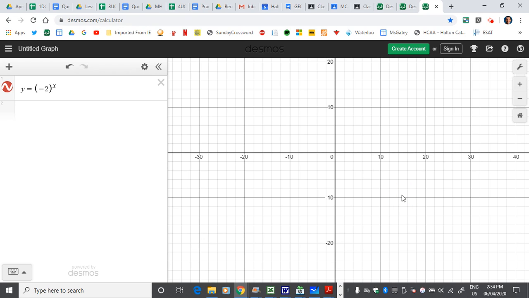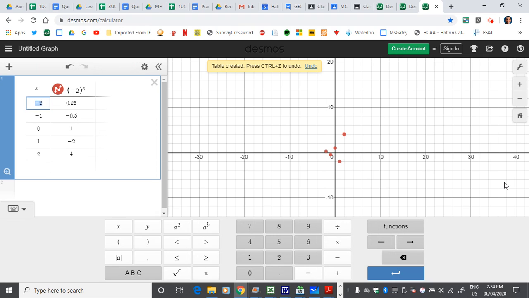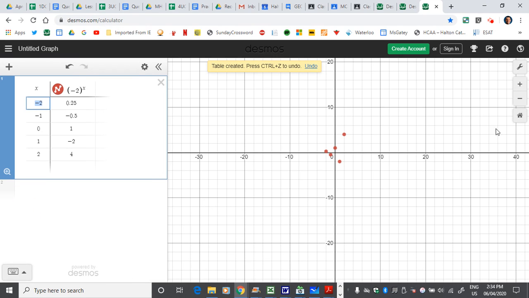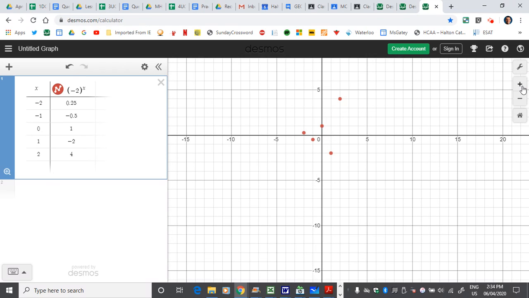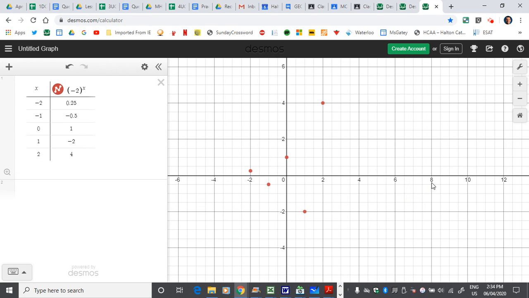Maybe we can understand why all of a sudden I don't have a function. I'm going to show us what that looks like in our table of values again, because really what's there is a series of points. And when you take a look at those points, you'll notice they're all over the place.